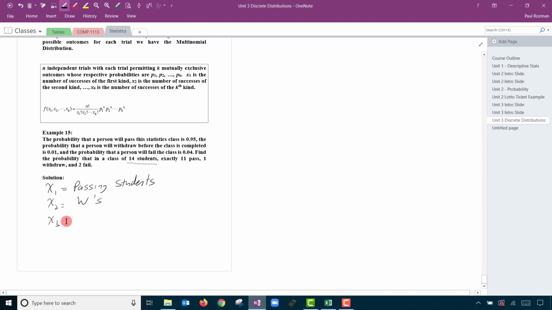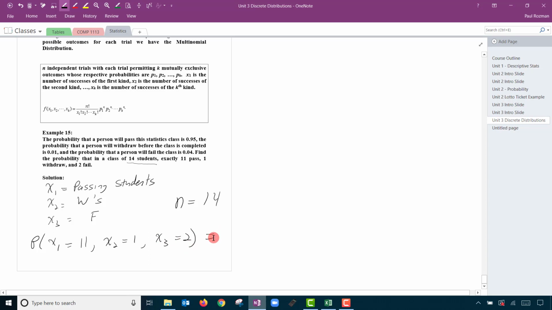And variable 3 will be my f's. What's the probability of getting this certain permutation? I have 14 students. I need it to be exactly like this, where I have 11 passers, 1 withdrawer, and 2 fail.